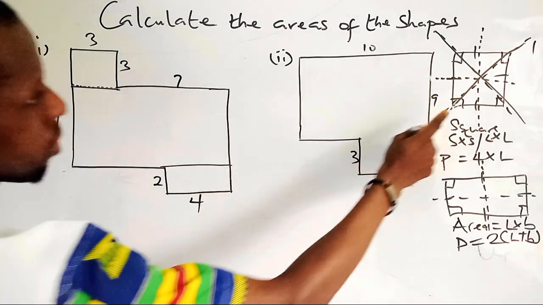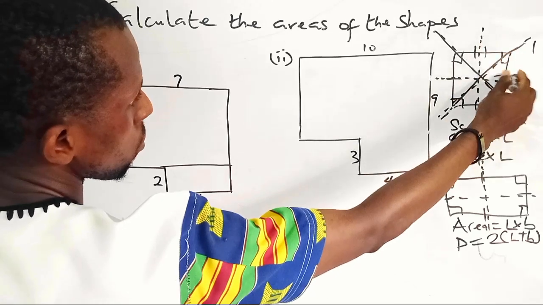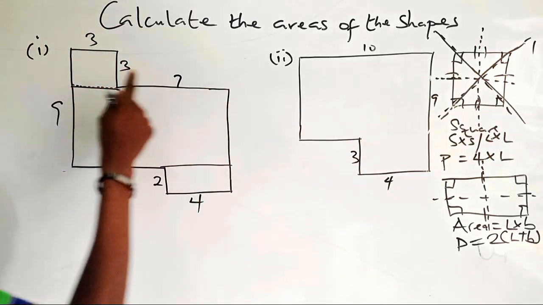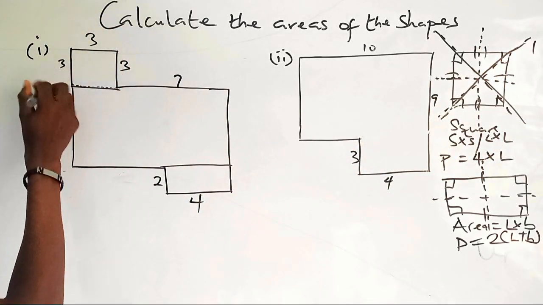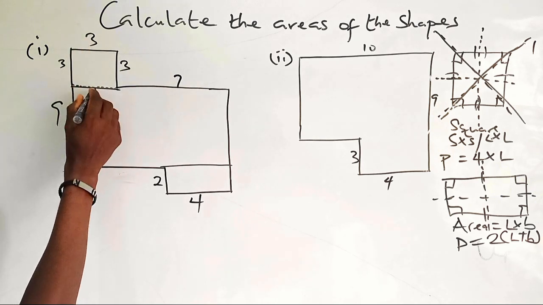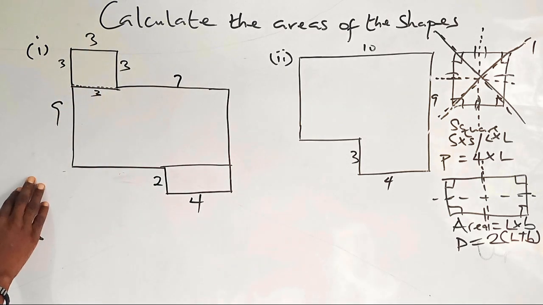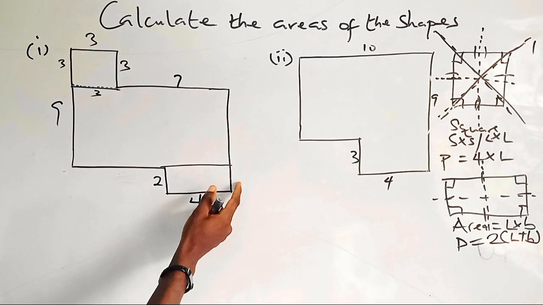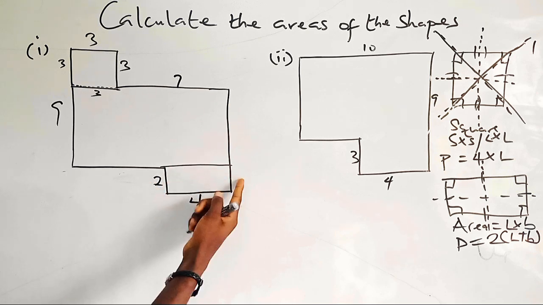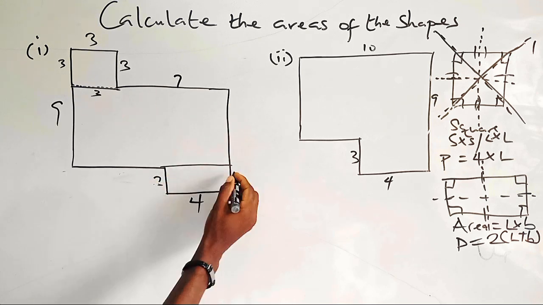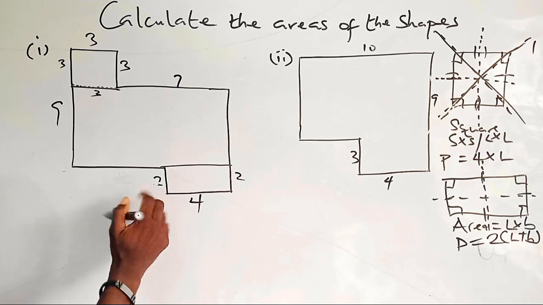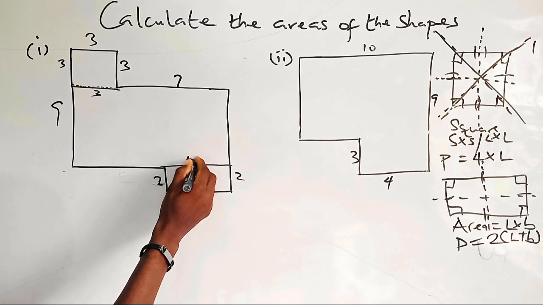As I've said, the sides of a square must be equal. So if this one is 3, this one too must be 3. Likewise, for the rectangle, opposite sides are equal. So if this is 2, this one too must be 2. If this is 4, this side too must be 4.